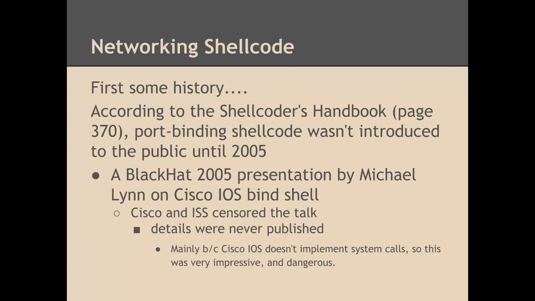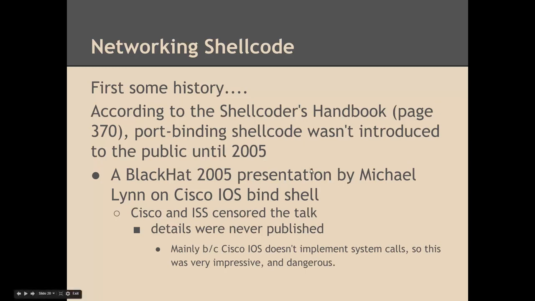So, according to the Shellcoder's Handbook, shellcode that does port binding and network connection wasn't introduced to the public until 2005. Now, I want to note that the Morris worm back in 1988 did spread over networks, found a target, infected the target, and then looked in the target's neighborhood in the network and kept spreading and spreading and spreading.